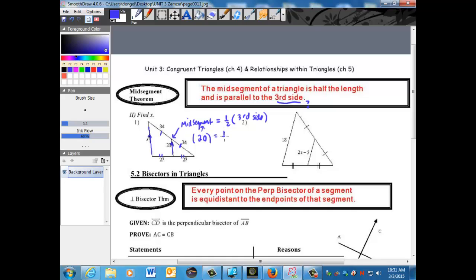It's going to equal 1/2, and the third side we will substitute in x. Solving for x, times 2 on each side, we get 40 is equal to x. And really, we didn't need to do all of this work, but I'm just showing you all of my work. You could have just looked and seen, since our mid-segment's 20, that means our third side has to be 40, and you can move on.